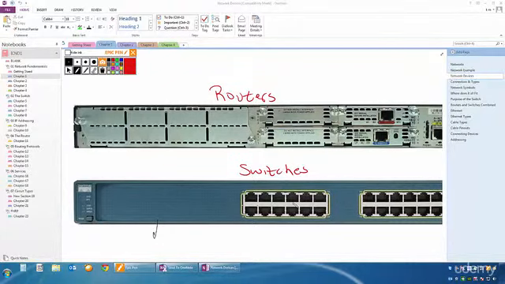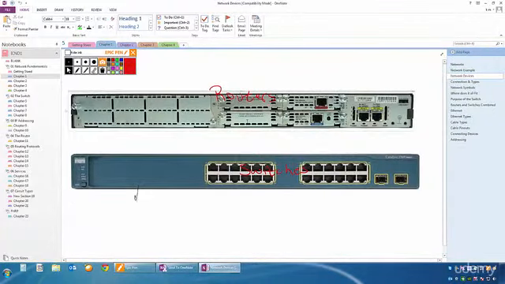And our one thing that we're going to be dealing with is getting communication between these devices and making them work. Now you can see these are pictures of the devices that we have. Here's our router at the top, and here's our switch at the bottom.